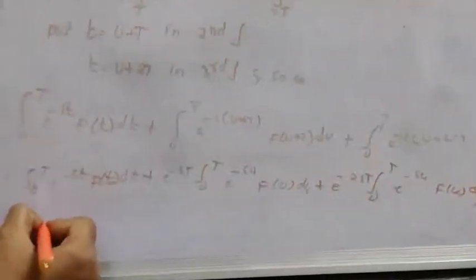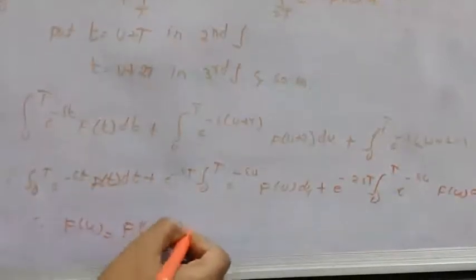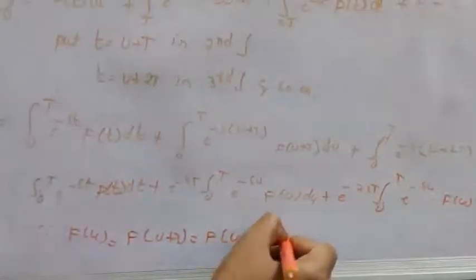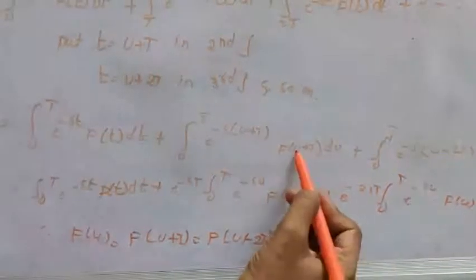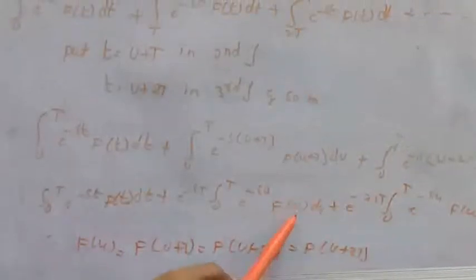Since f of u is equal to f of u plus T, is equal to f of u plus 2T, is equal to f of u plus 3T and so on, wherever f of u plus T or f of u plus 2T appears, we keep f of u. So in this place we have substituted f of u.